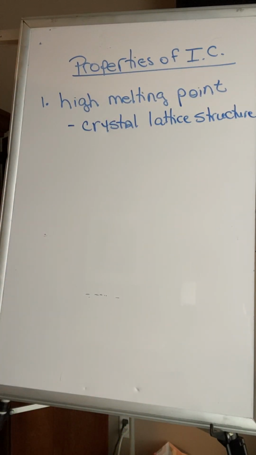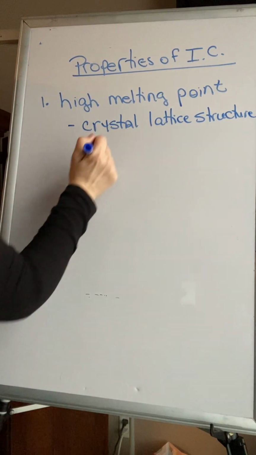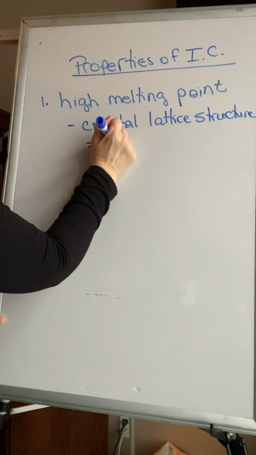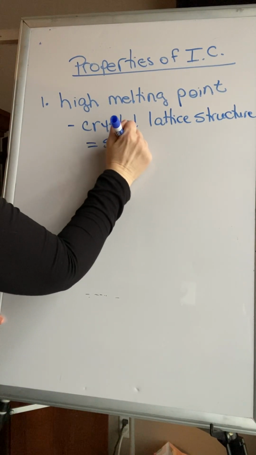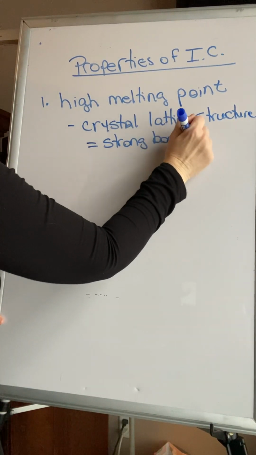That structure itself gives reference to that high melting point. So the reason why they have a high melting point is because of this crystal lattice structure, okay? So the crystal lattice structure is equivalent to strong bonds. If it has strong bonds, it will resist melting.